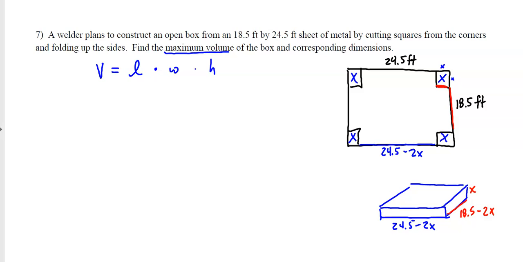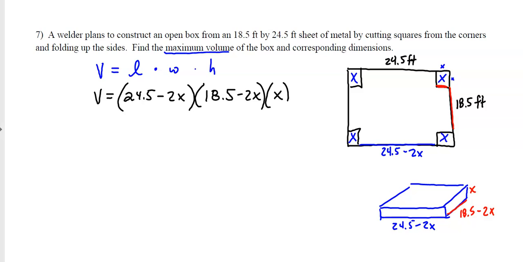So when I write all this out, the volume is going to be 24.5 minus 2x, 18.5 minus 2x, times x. Now, I could multiply all that out to get it in standard form, but I don't need to do that.